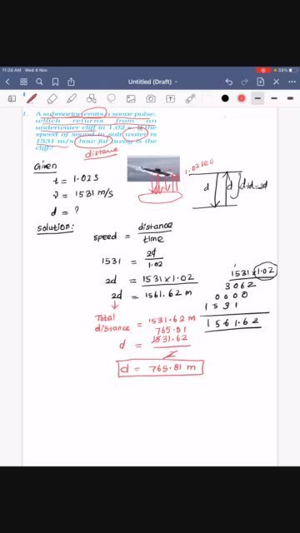See, it is 1561.62, but here I put 1531. So first, the multiplication gives 1561.62, and you have to divide by 2. Divide by 2 means 1 2s are 2, 7 2s are 14, and the remaining 1; 8 2s are 16, and here zero, it will not divide, so 780 will come.